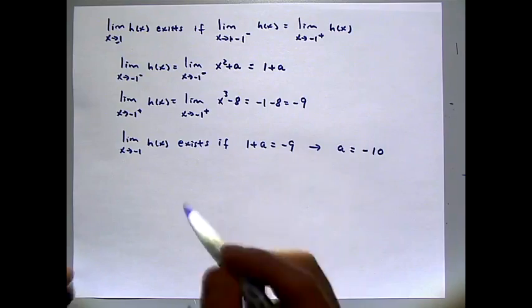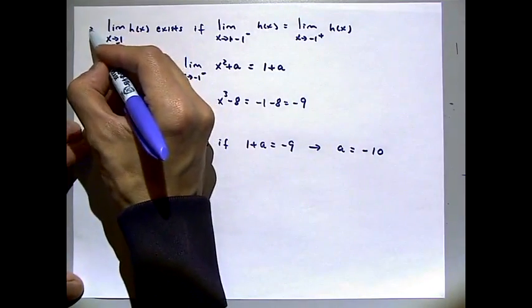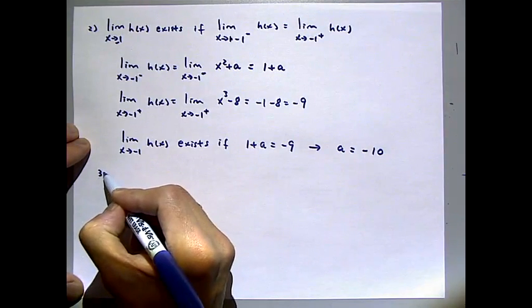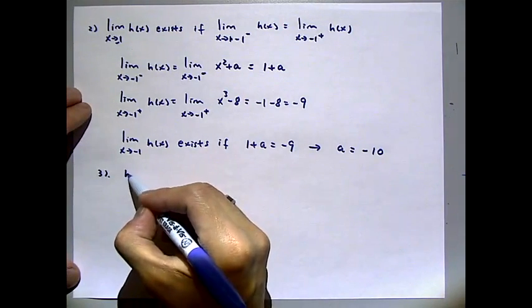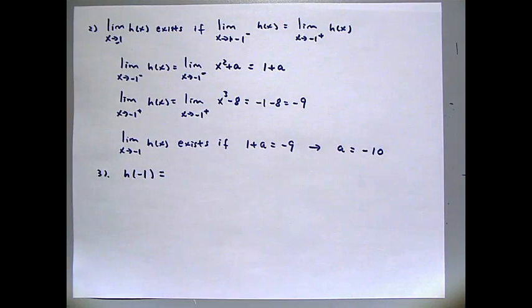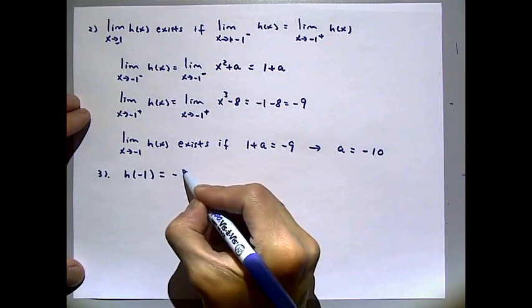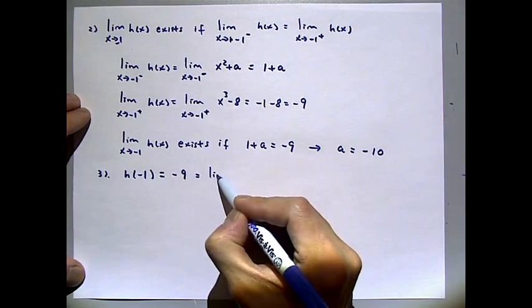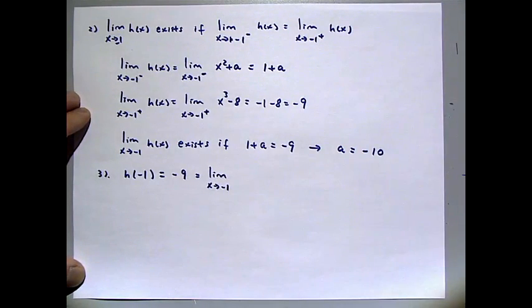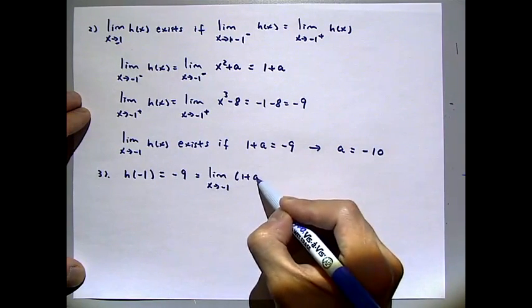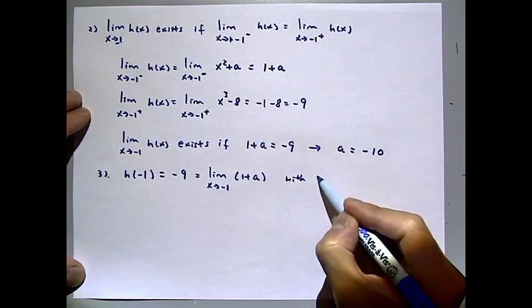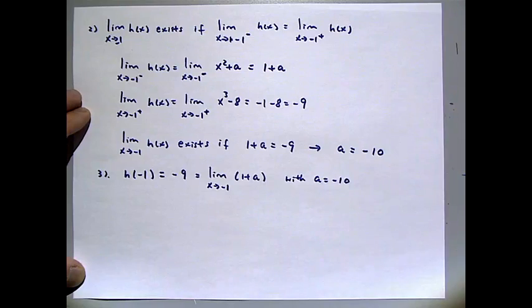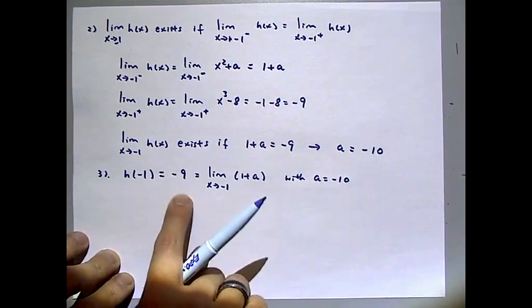Now the third condition. Condition 3, now we require h of minus 1. From the first step, we see it's equal to minus 9. The function is defined to be minus 9.